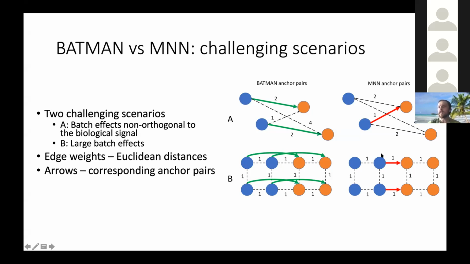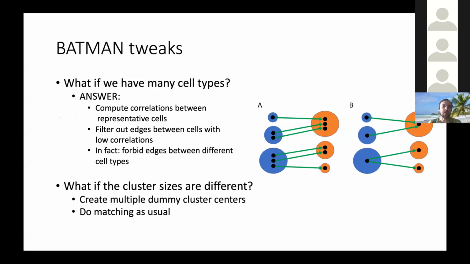There are only two mutual nearest neighbor pairs here. And so we see that this would be this kind of kissing effect that I was referring to in my previous slides. So this is to show that Batman is indeed able to overcome those difficult scenarios.